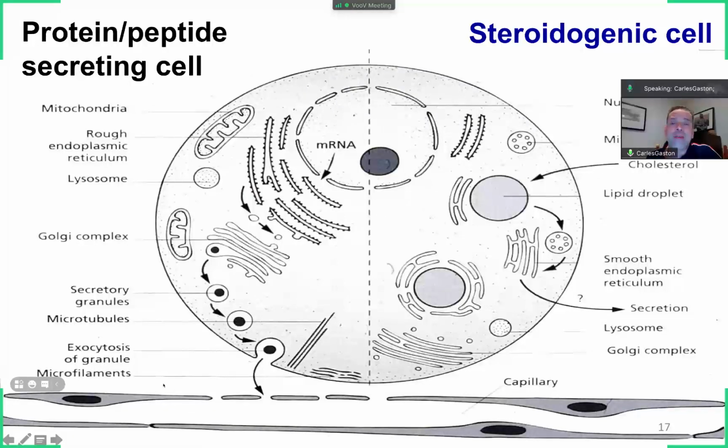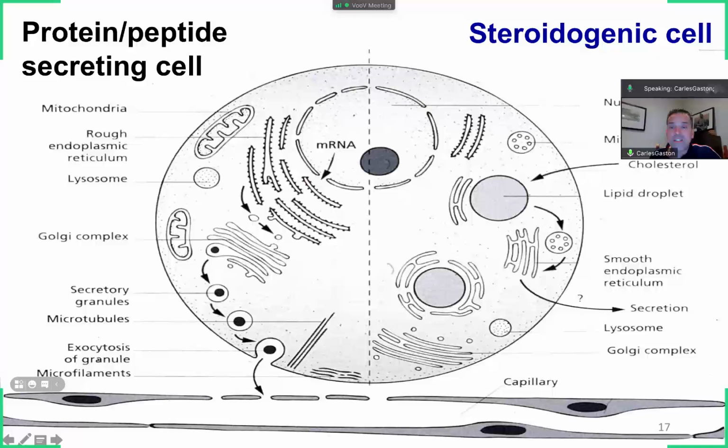We have the mRNA that obviously will produce a protein, and this is in the rough endoplasmic reticulum, or ER, which will mature the protein, will form vesicles, and then in the Golgi complex will finish this protein complex, and then this will travel to the membrane and be secreted.